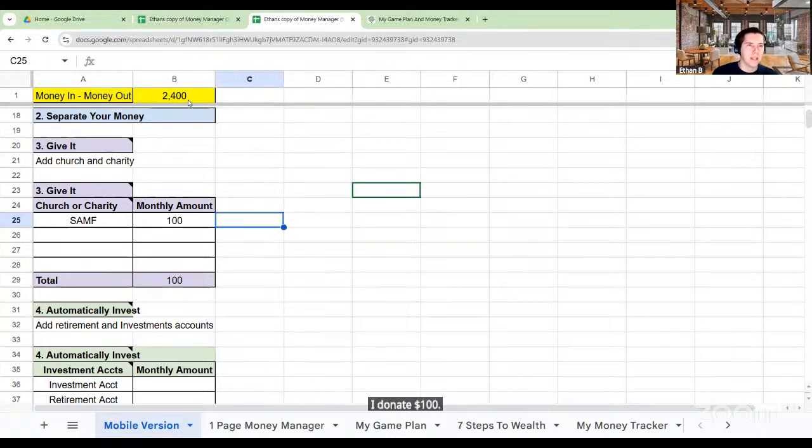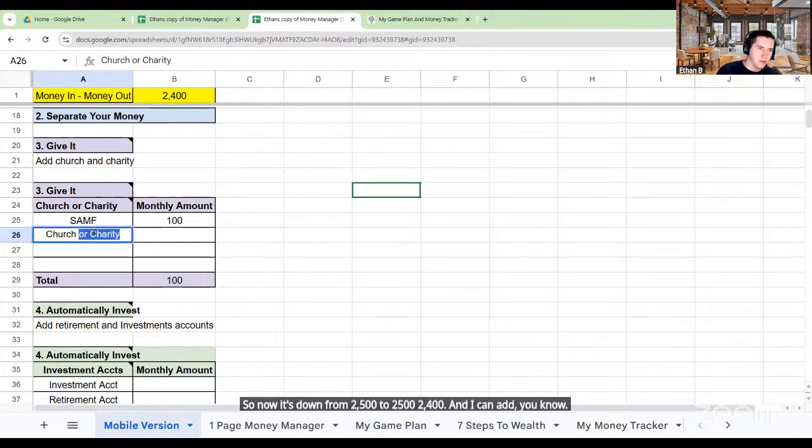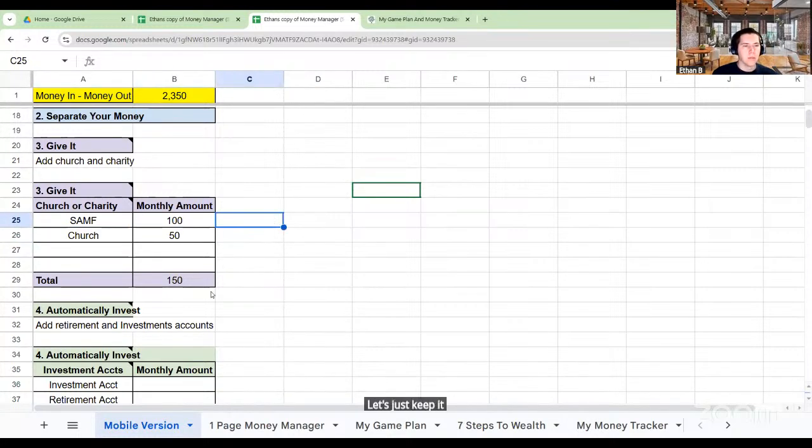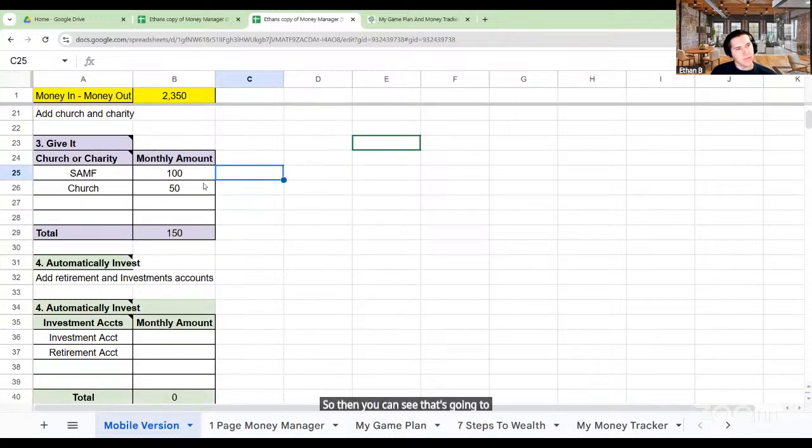So now you can see that's going to drop my money out a little bit. So now it's down from 2,500 to 2,400. And we could add church here if you do tithing or anything like that. Let's just keep it easy. I'm just going to add easy numbers. So then you can see that's going to keep adjusting as we go down.